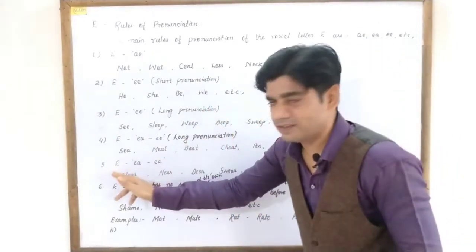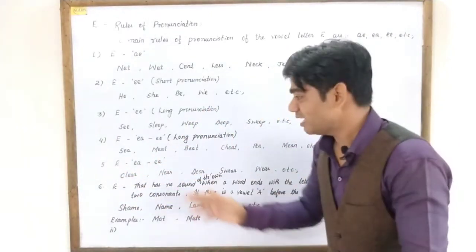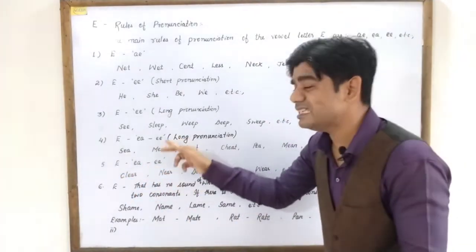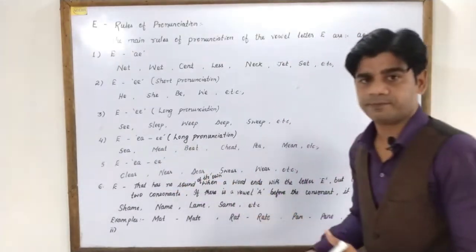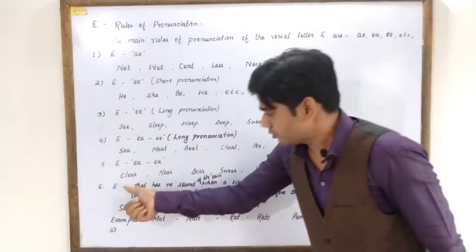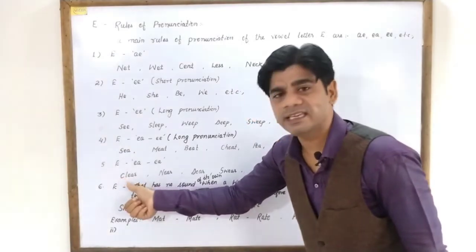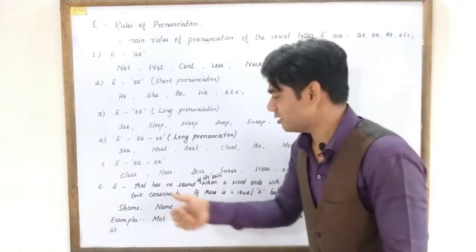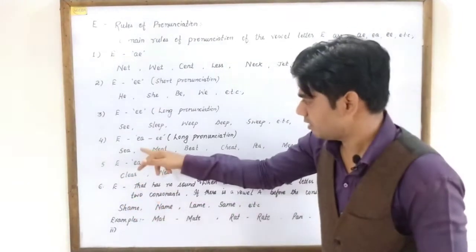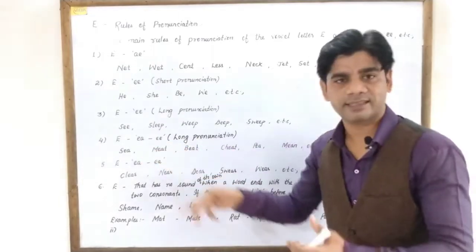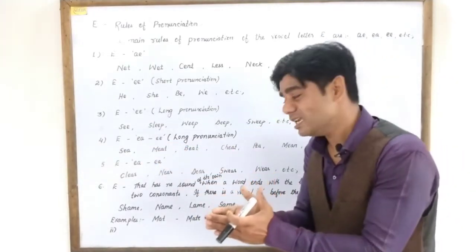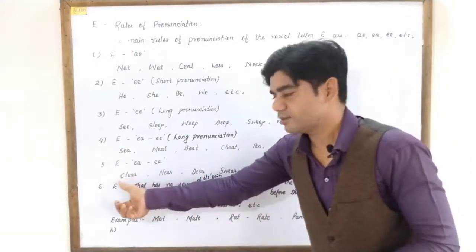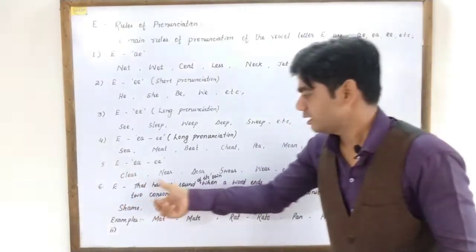Now, another sound of letter E. Sometimes when there is a letter A after E, the sound of EA is not E, it's ear. For example, C-L-E-A-R, clear. Here EA is there, but the sound is ear.